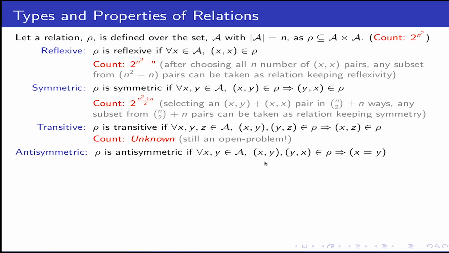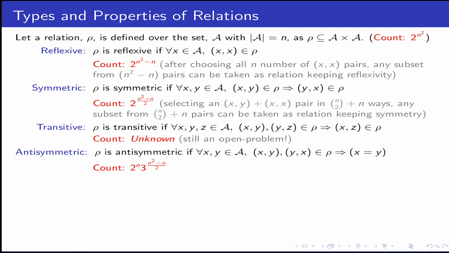The immediate question now is, how many such antisymmetric relations are possible? Let me give you the answer first, then let us think of reasoning it out. See, what happens here? You cannot take xy and yx together when x and y are different.